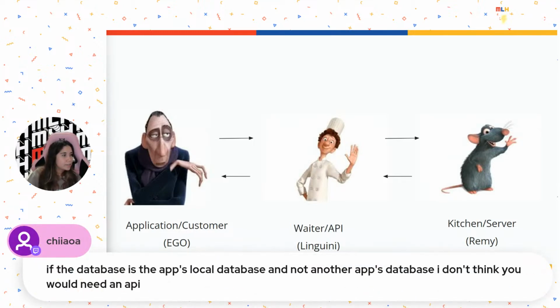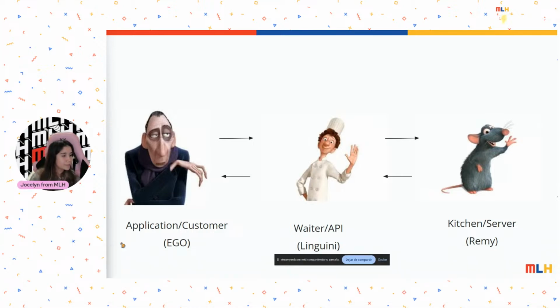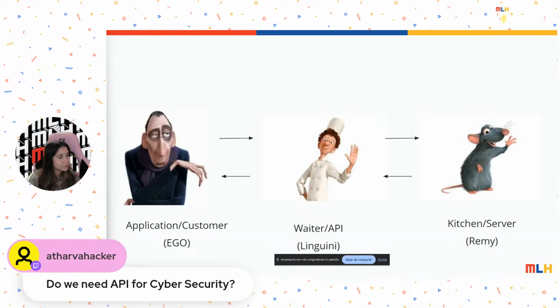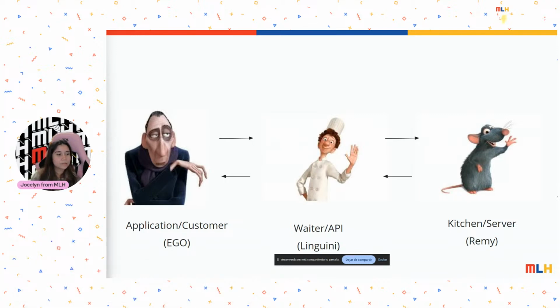Someone responded: if the database is the app's local database and not another app's database, I don't think you need an API. Oh, so this person was responding to the question. Great, thank you for the collaboration. Do we need an API for cybersecurity? Depends on the use case. Yeah, depends on the use case.